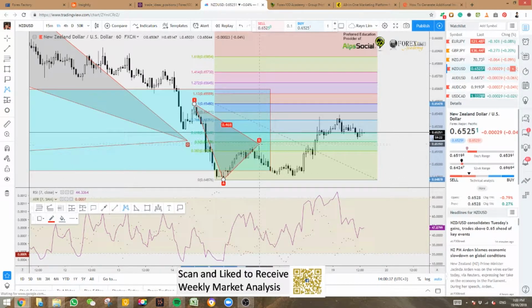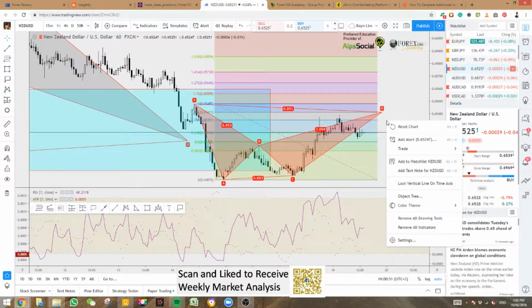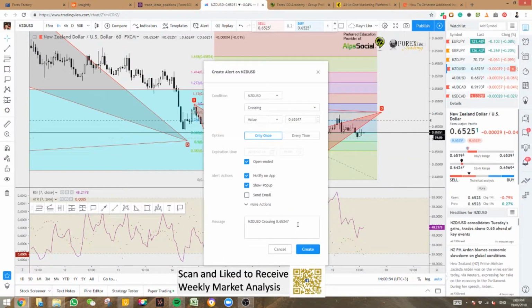X to A to B, B to C, CD completion, 886. We got a pattern coming up soon. All right, buying opportunity. H1 Bat pattern, trend continuation. Well done.